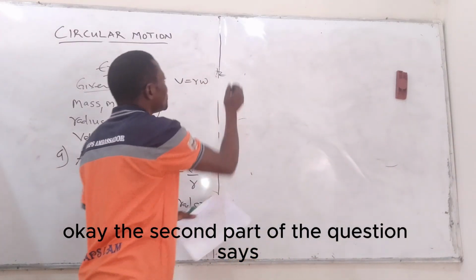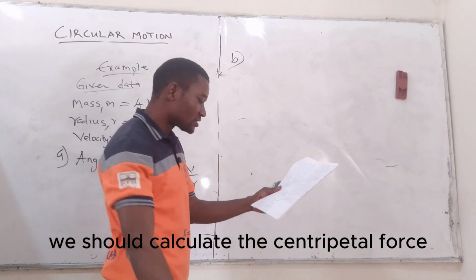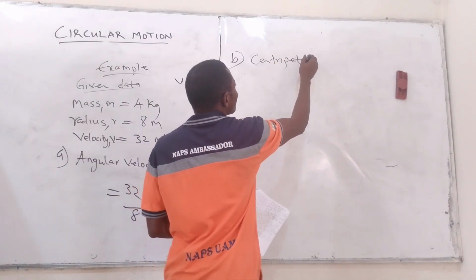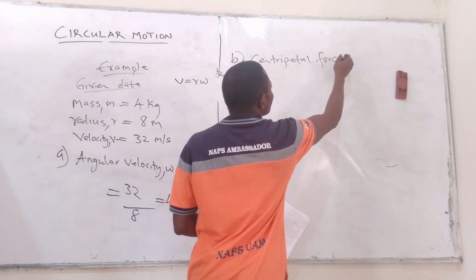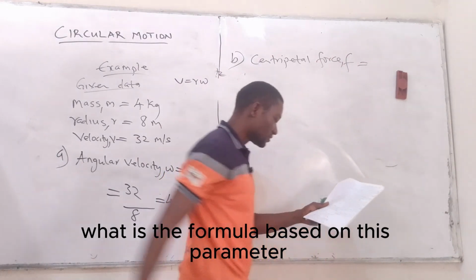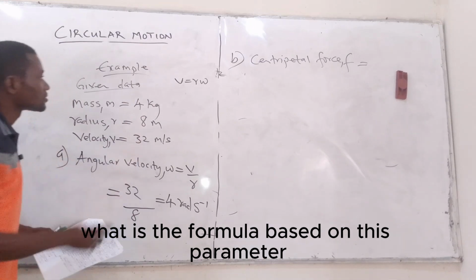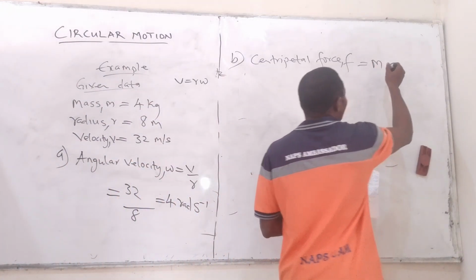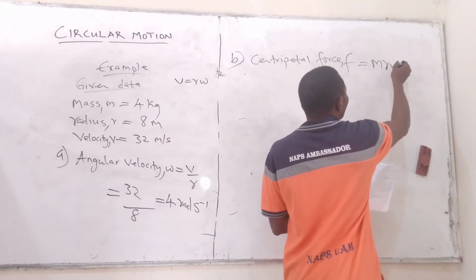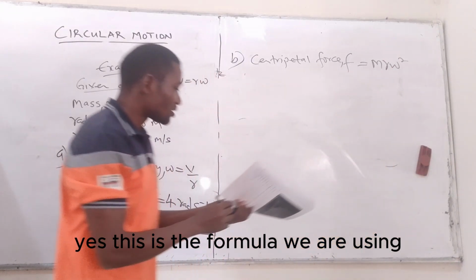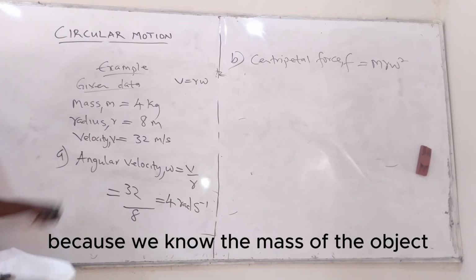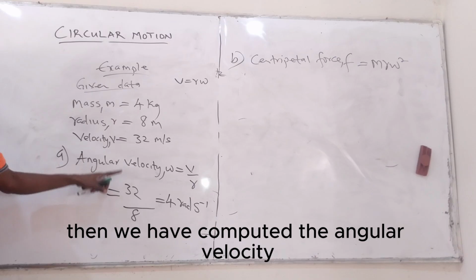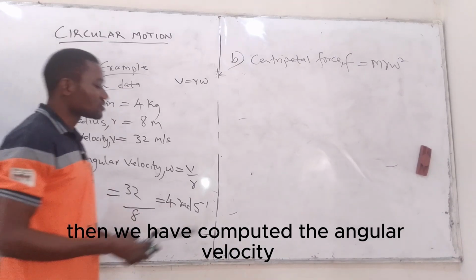Okay, the second part of the question says we should calculate the centripetal force. Based on these parameters, which of the formulas can we use? Write the formula, let's see. Yes, this is the formula we are using, because we know the mass of the object, we know the radius, and we have computed the angular velocity.